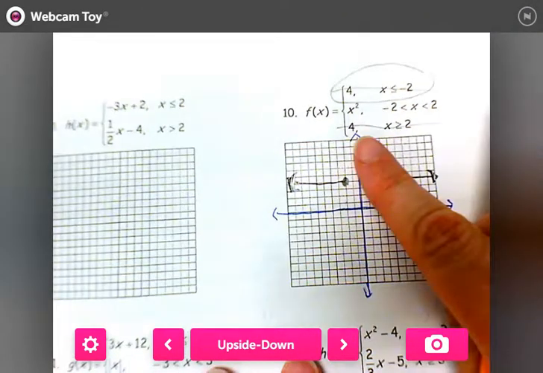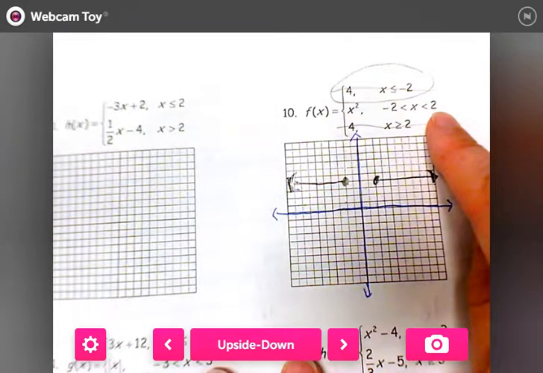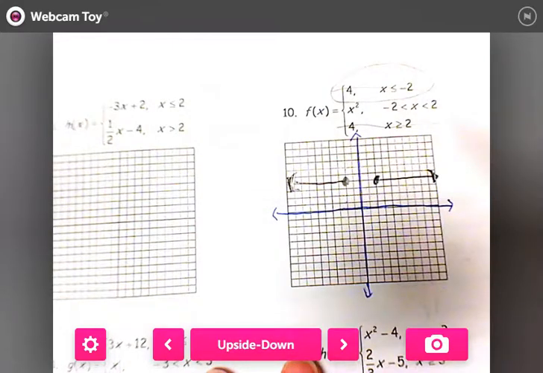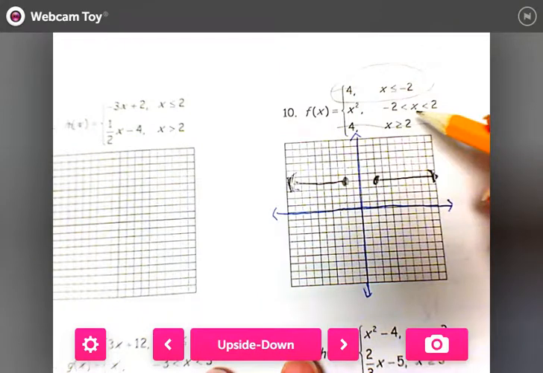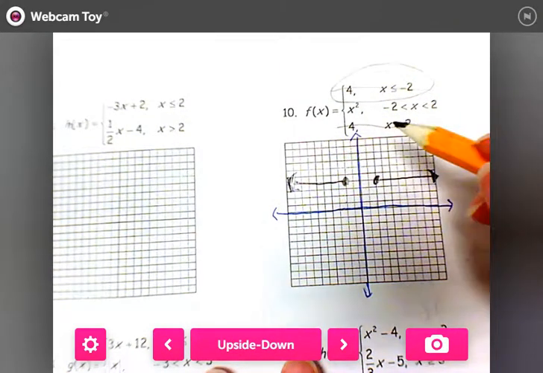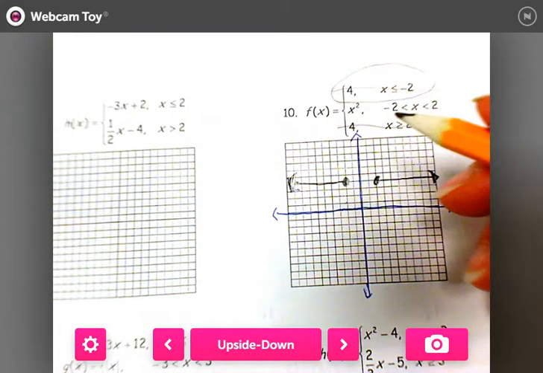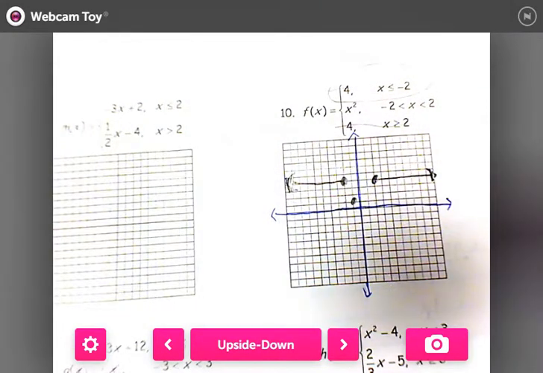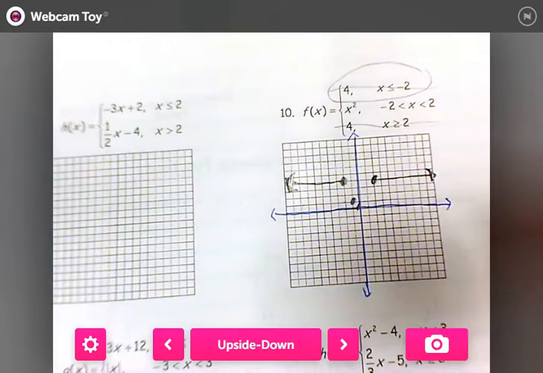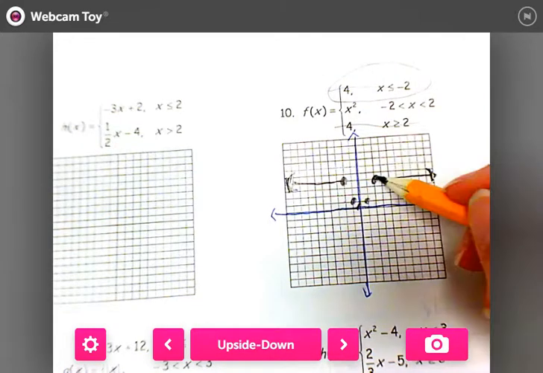Now the hard part is x squared between -2 and 2. So I'm going to do a couple of things. I'm going to plug in -2. -2 squared is 4, right? What's -1 squared? -1 times -1 is a positive 1. 0 squared is just 0. 1 squared is 1. 2 squared is 4, right?